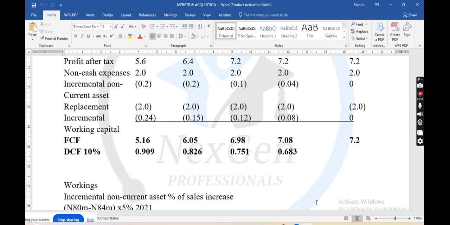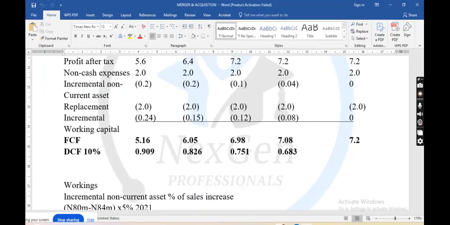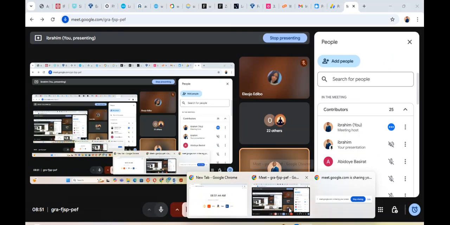But in another scenario where you are given the ingredients to calculate the cost of equity, use it just like the way we normally do. Divide it by the number of shares, get your market value of equity per share, and move on with that. Then you do your infinity and all that beyond. I just needed to explain that again.